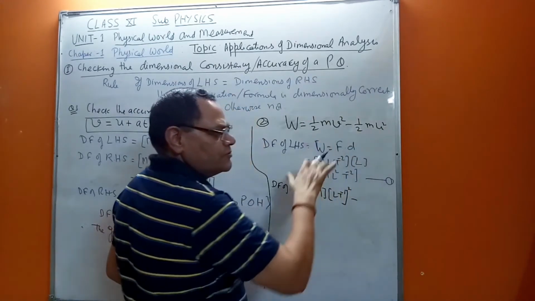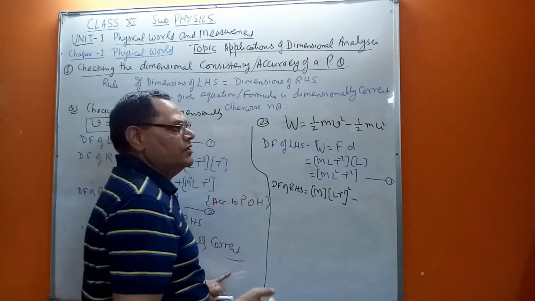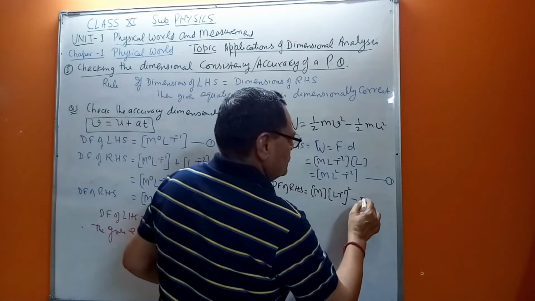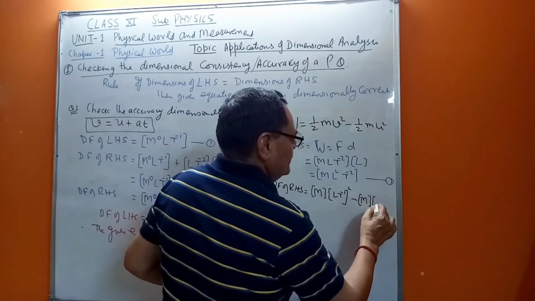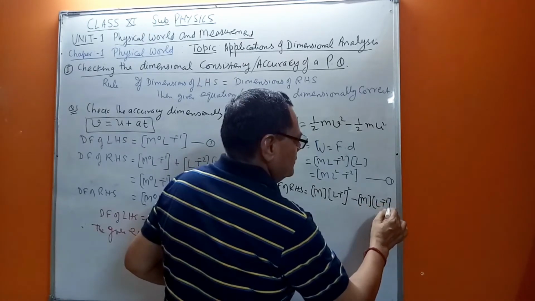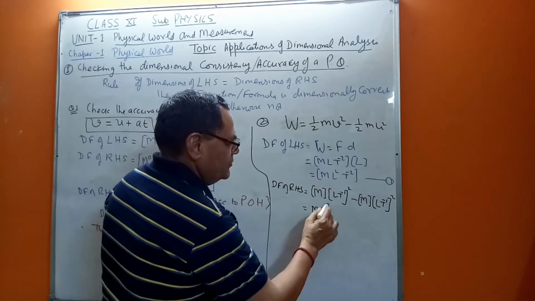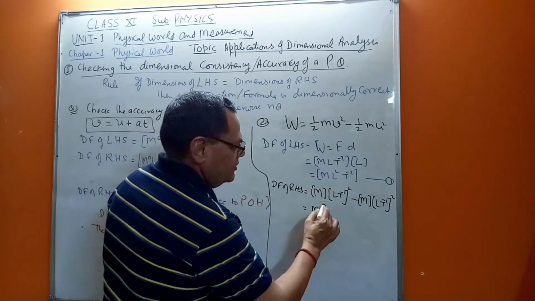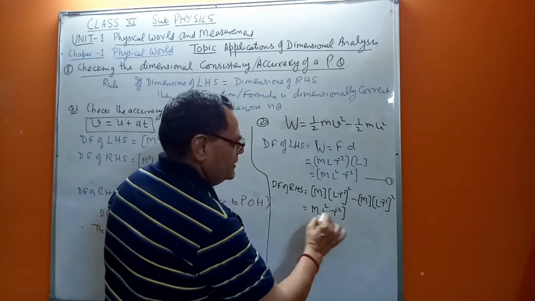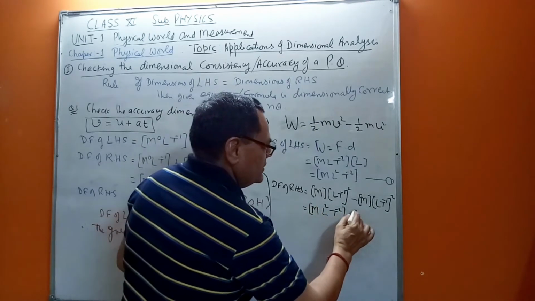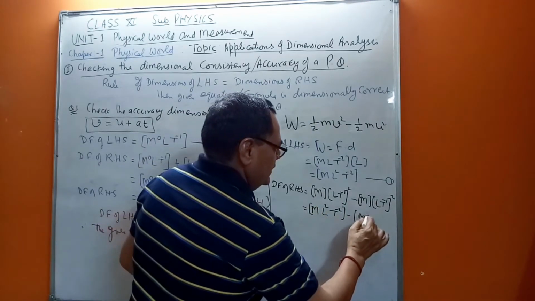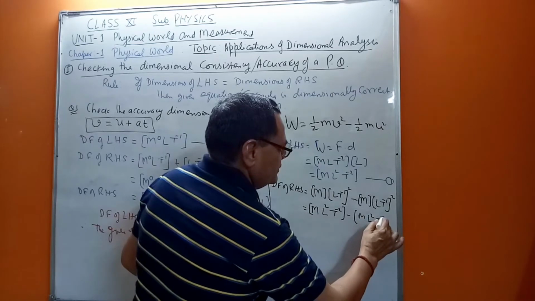This half is also out because there is no dimension of a constant. So that is capital M, and again LT minus 1 power 2. So you will simplify it, you will get power 2, okay. So therefore L square T minus 2, and here it is M, and that is ML square T minus 2.